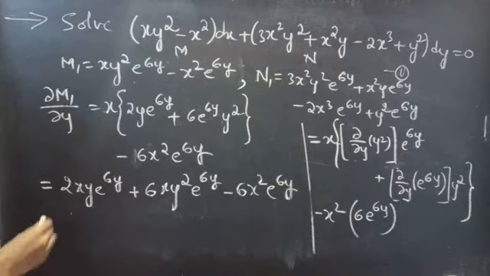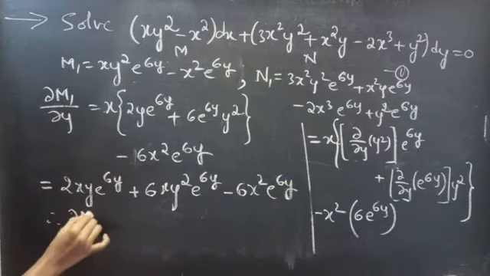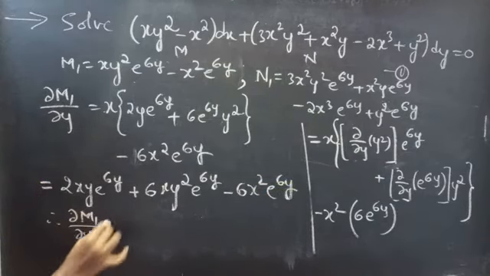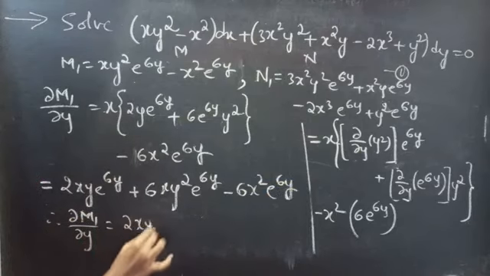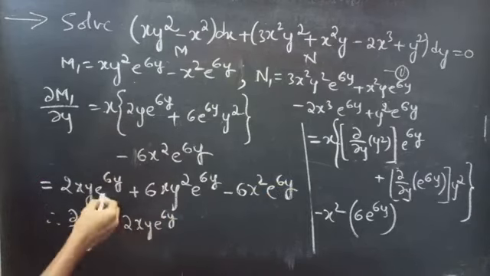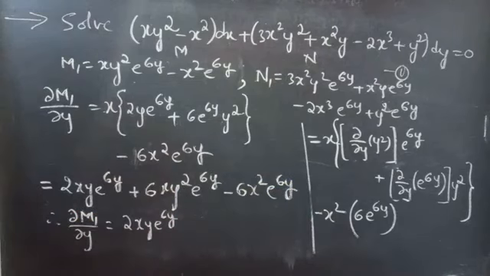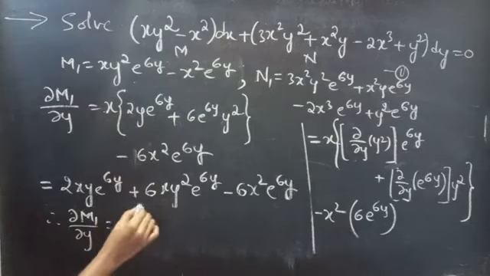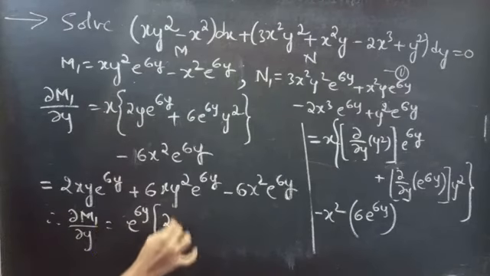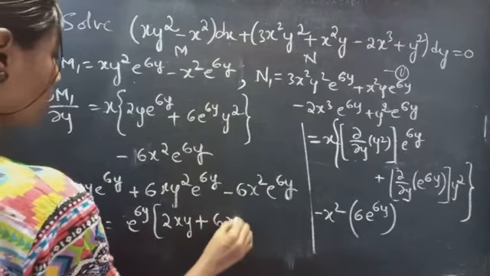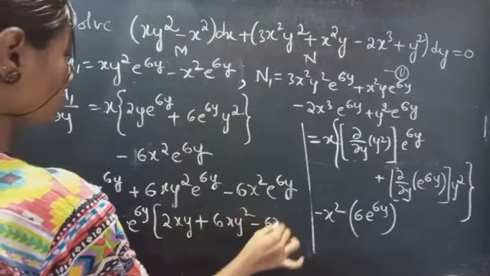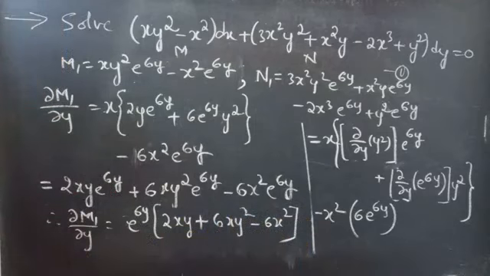Okay, therefore the partial derivative of m1 with respect to y is equal to 2xy e power 6y, or you can take e power 6y common from all these three terms, then you'll get e power 6y times 2xy plus 6xy square minus 6x square.